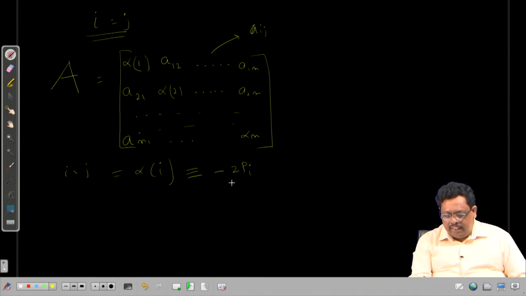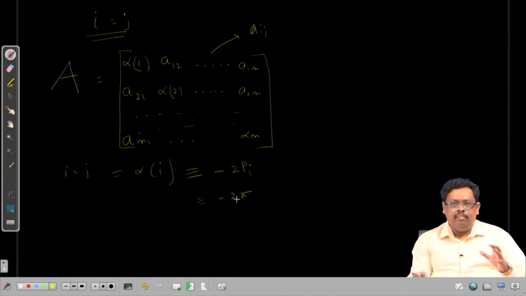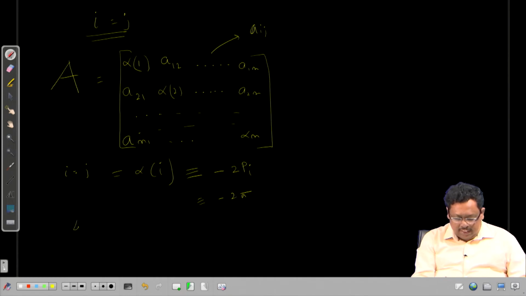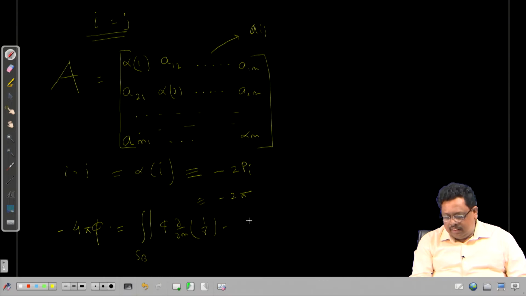How I get this minus 2 pi, we are definitely going to discuss, but if you remember, in our previous lecture we have 4 pi phi is equal to minus 4 pi phi is equal to, I have this integral equation over the body surface S, which is the integral of phi into del n of 1 upon r minus 1 upon r into del phi del n into ds.